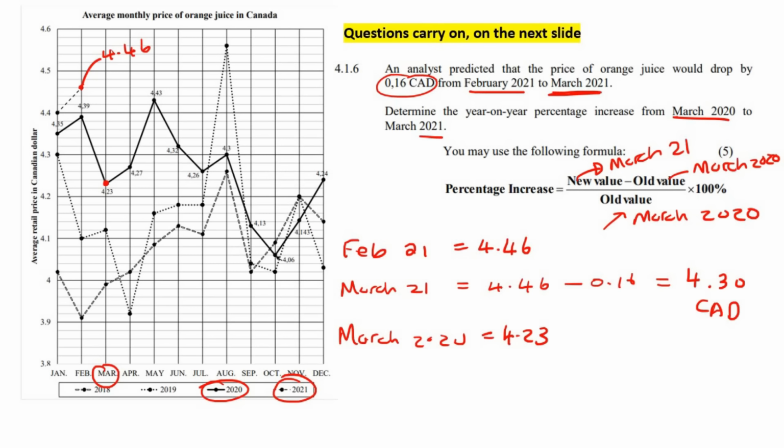So the percentage is going to be the new value of March 2021, which is this, minus 4.23, divided by 4.23, multiplied by 100. And if we work this out, it's a 1.65% increase.